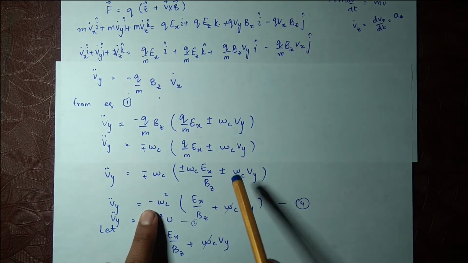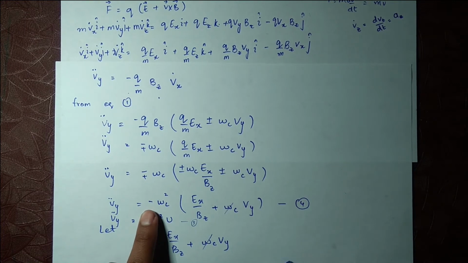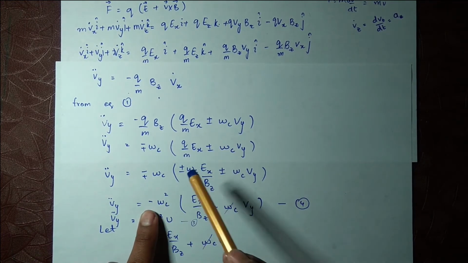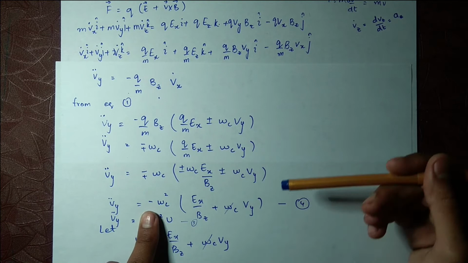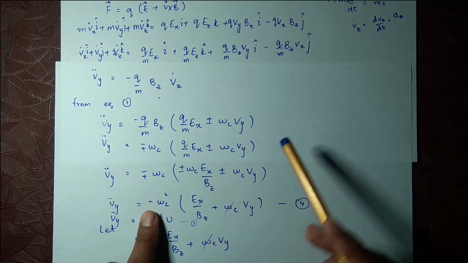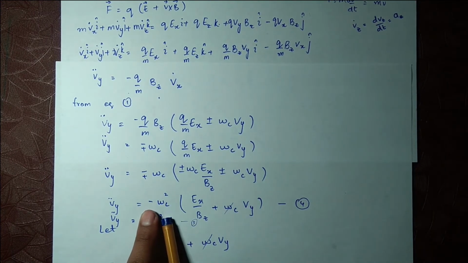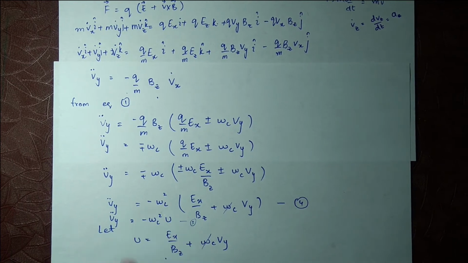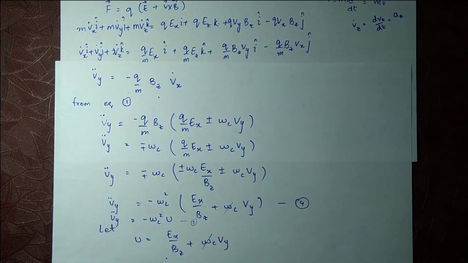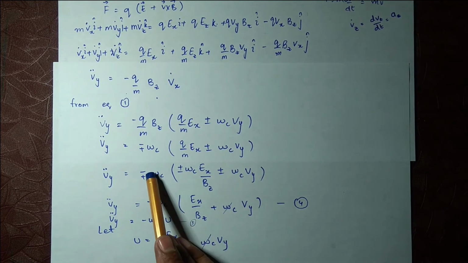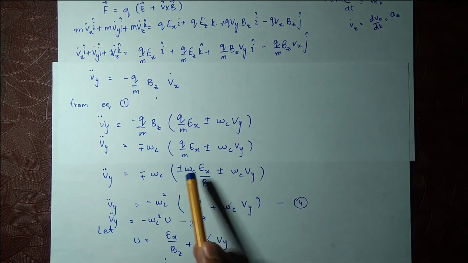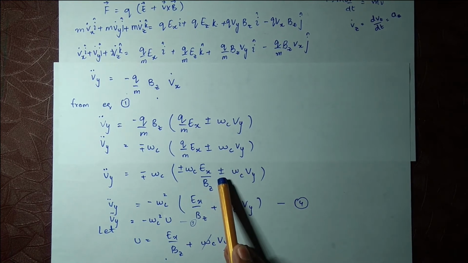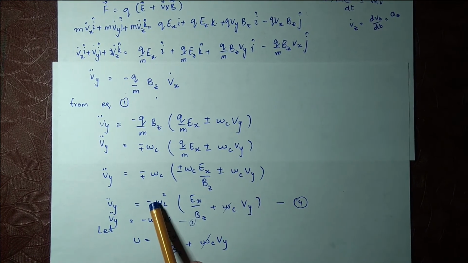Why are we having this negative sign here? There is a minus plus here, plus minus here, plus minus here, two signs are here, but in this case we are having only a negative sign. Why? There is a reason behind it. When you multiply this minus plus with this plus minus, the answer will always be a minus, negative sign.